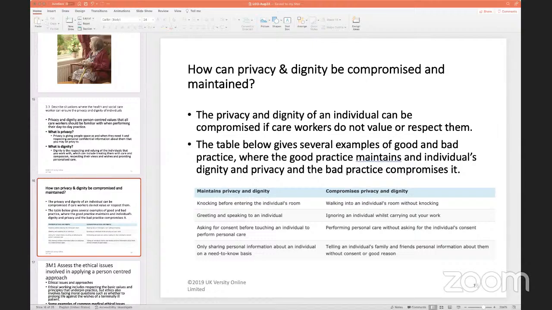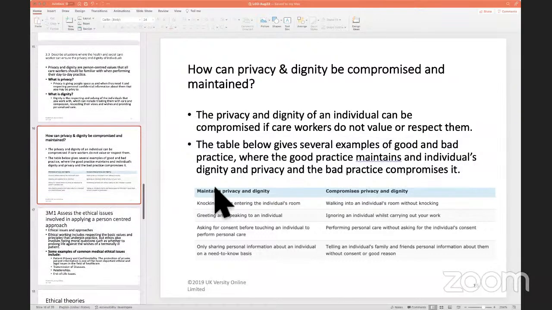And that privacy needs to be maintained from a point of view of ensuring that personal data, their choices, their religious beliefs, or their personal relationship with family members and things like that are not shared openly without their consent.